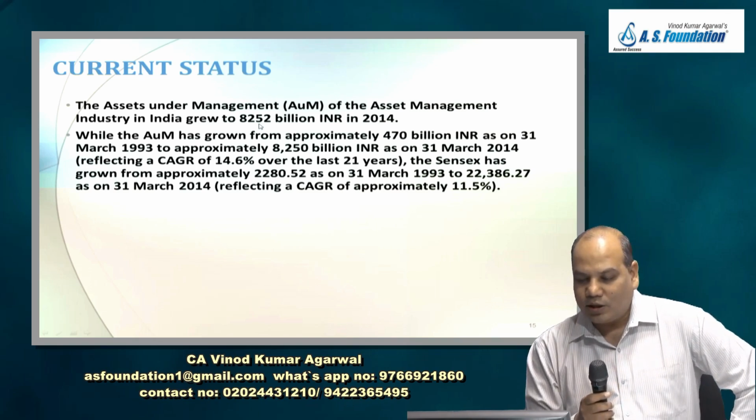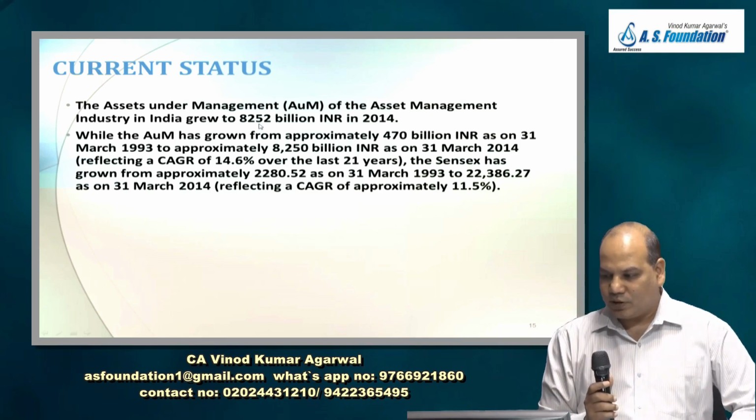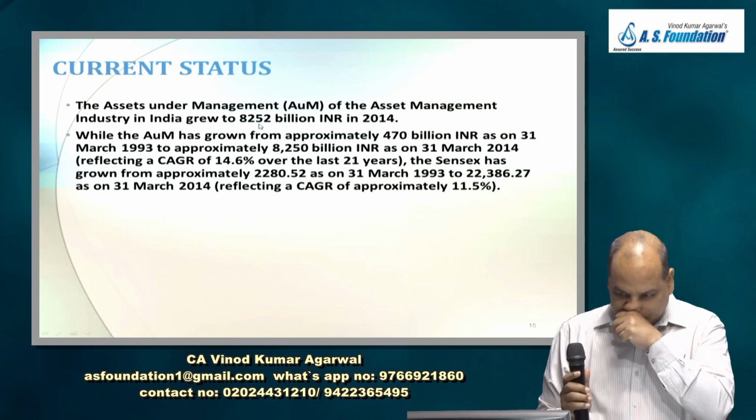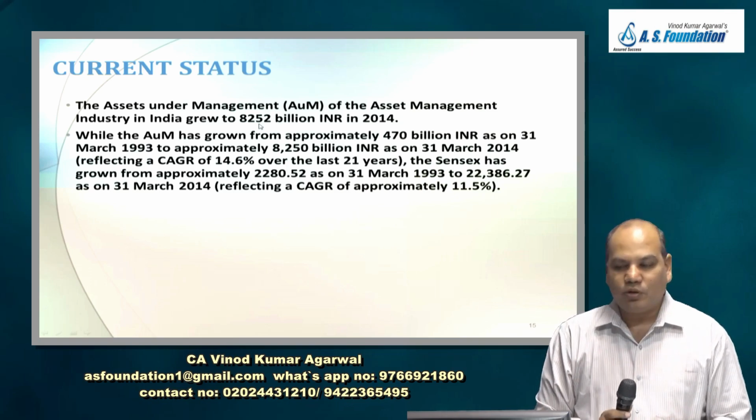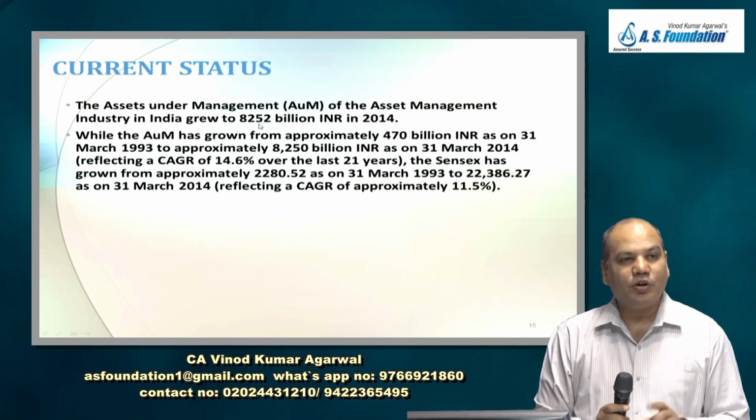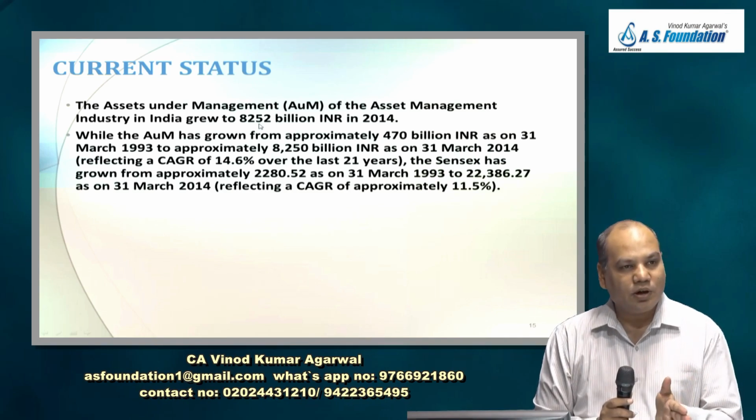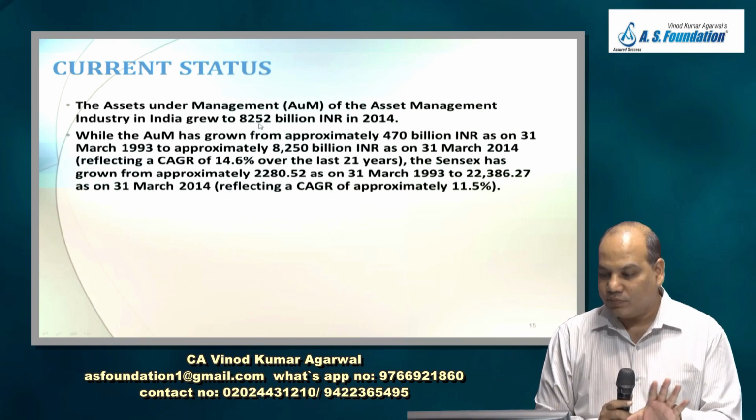While the AUM has grown from approximately 470 billion in 1993 to approximately 8250 billion on 31st March 2014, which means the compounded annual growth rate is 14.6% in this period. CAGR means compounded annual growth rate, which is very high.